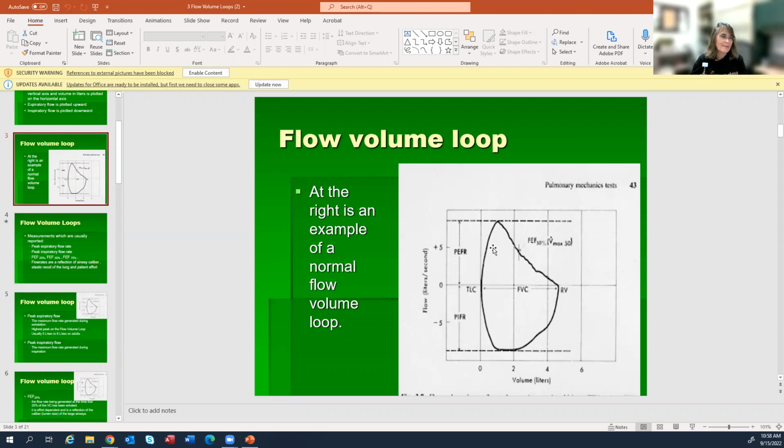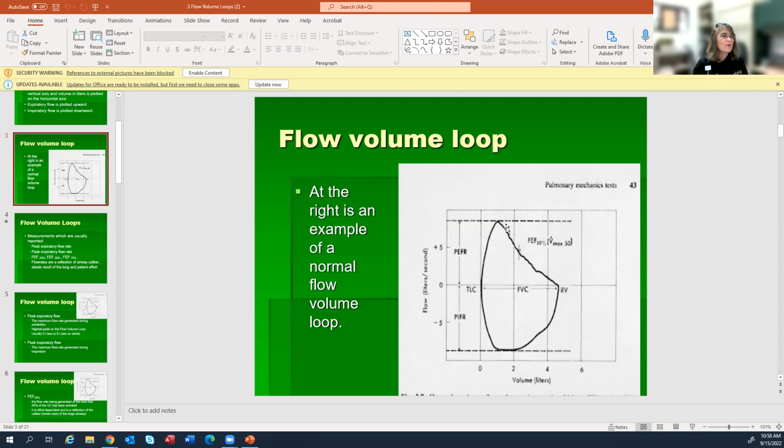So everything on top of this line is the flow as you're blowing the air out, and then the x-axis is the amount of volume that you're blowing out. So exhalation is up at the top, and after blowing for 3 to 6 seconds, or whenever you have that plateau, you take a deep breath in, and that's when the test ends.